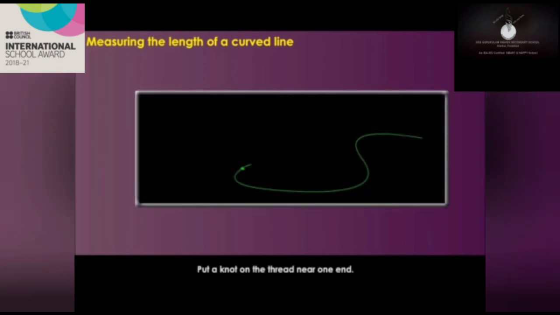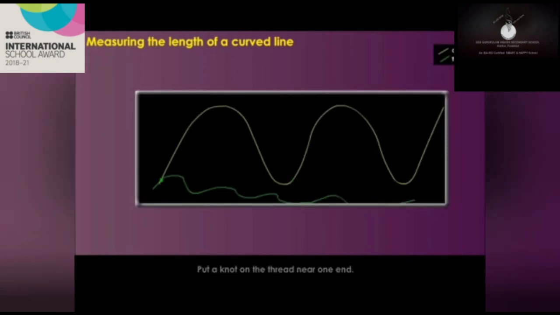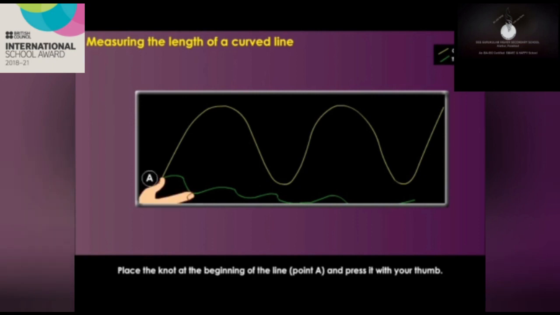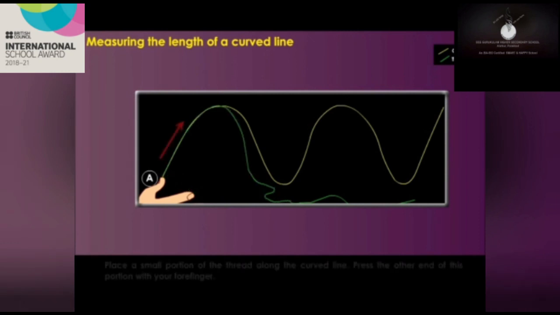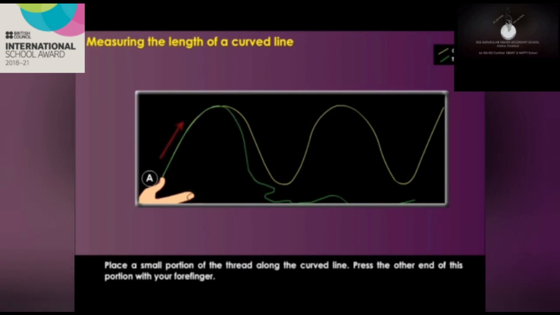Put a knot on the thread near one end. Place the knot at the beginning of the line, point A, and press it with your thumb. Place a small portion of the thread along the curved line. Press the other end of this portion with your forefinger. Now place the thumb at point B and a small portion of the thread along the next portion of the line.